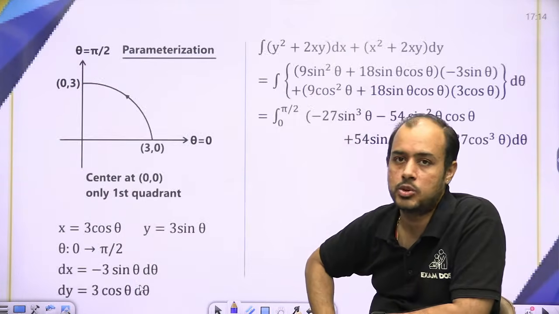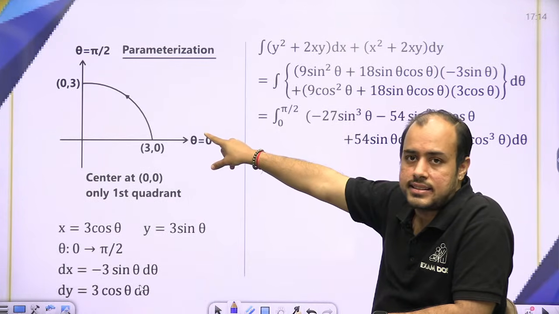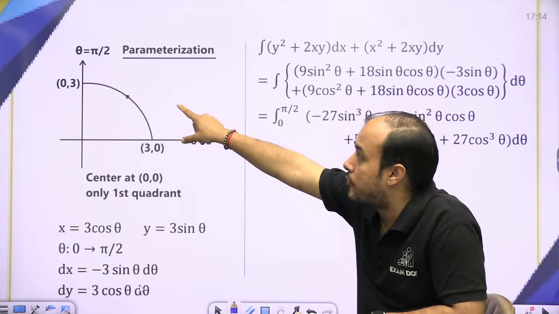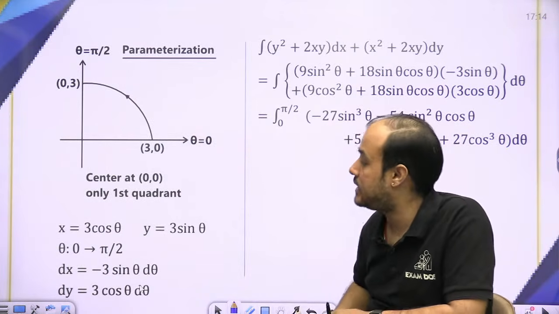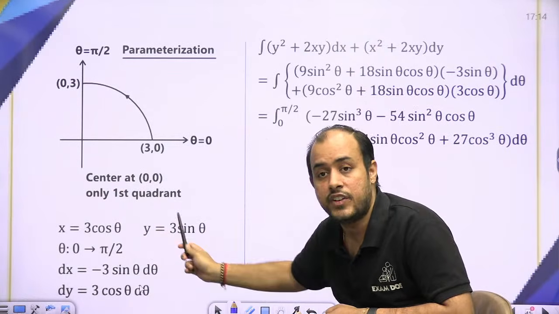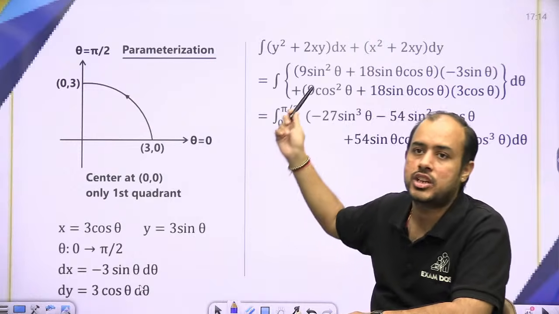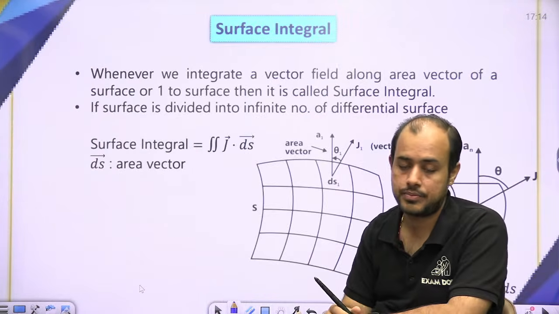Theta goes from 0 to 2 pi. Now, if it is an arc like this, then theta will go from 0 to pi by 2, because on the x-axis theta is 0 and on the y-axis it is 90 degrees. So you can even take this parameterization into the integration.